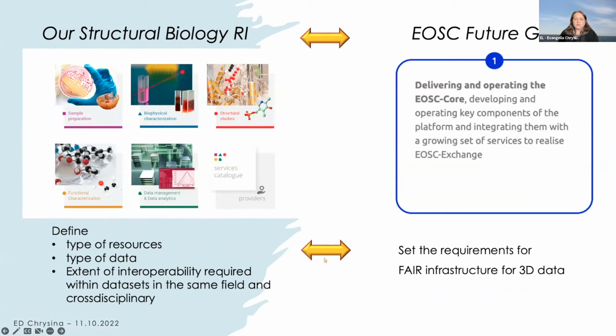And for that, there should be an interaction with EOSC in order to be able to set the requirements and understand what is best to avoid fragmentation of our efforts, or if it is to design something in the first place, to be able to do that correctly.